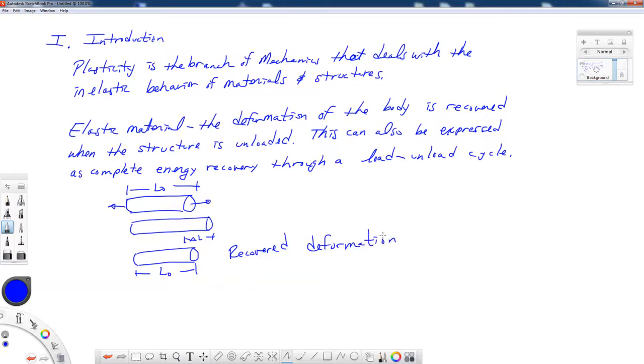Now there's an alternative definition to elastic behavior that we can examine as well, and that is that we have a complete energy recovery through a loading and unloading cycle. It's basically just as I said, but thinking of it in terms of energy allows us to open up this concept to some different applications.